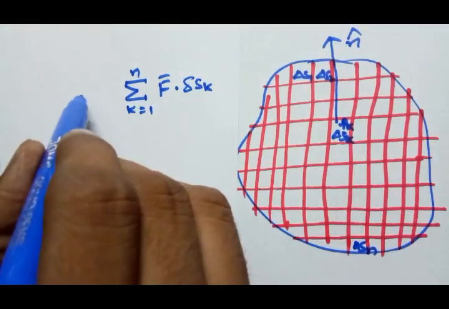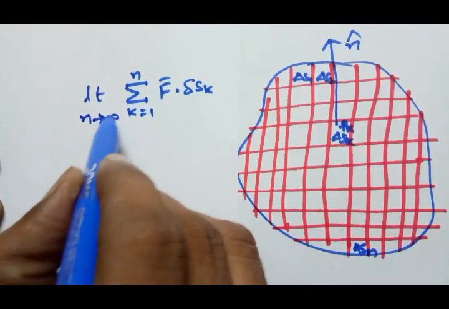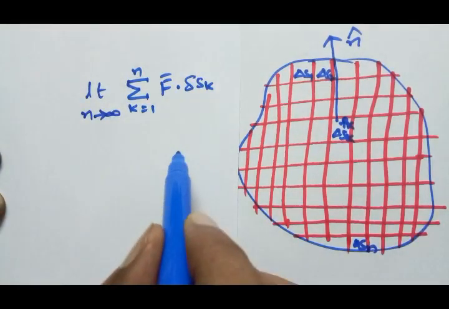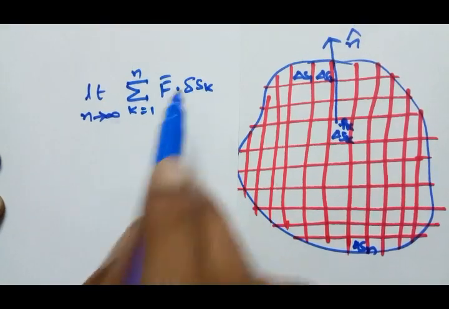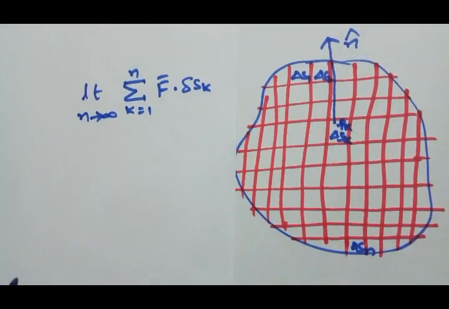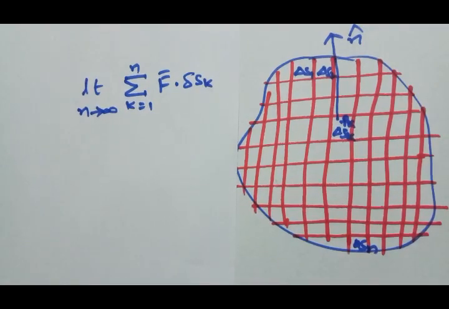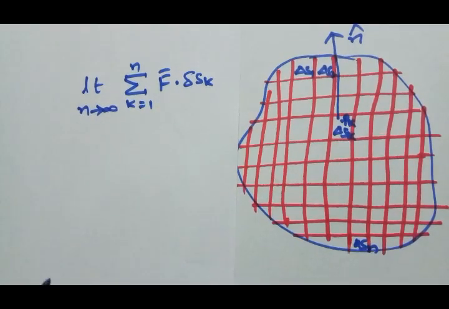Therefore, consider the limit as n tends to infinity such that modulus of delta Sk tends to 0. That means each subarea tends to 0, which means these n parts become an infinite number of parts.